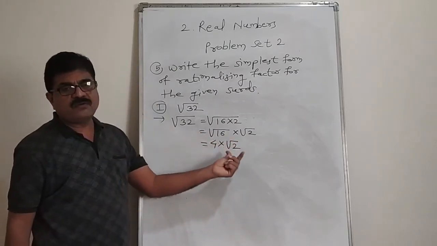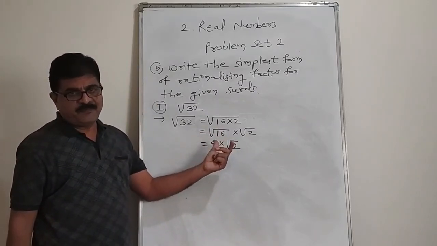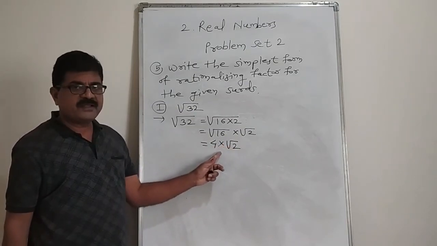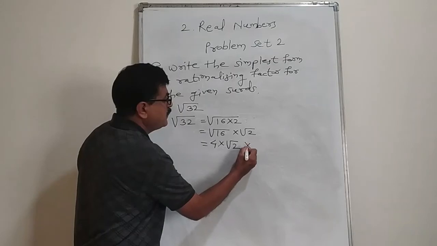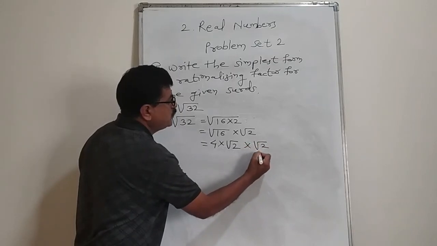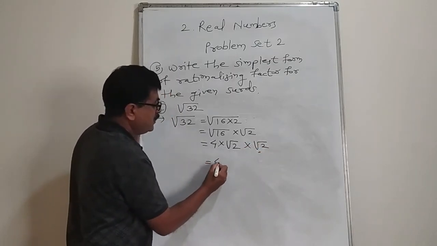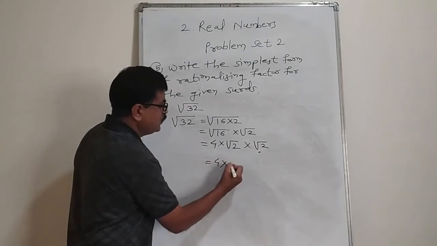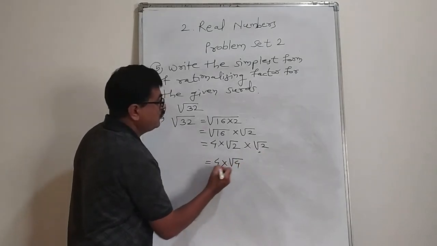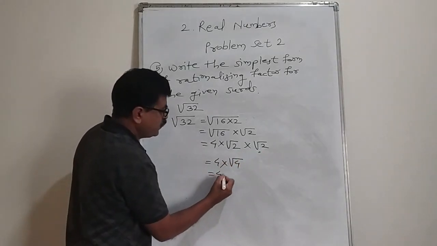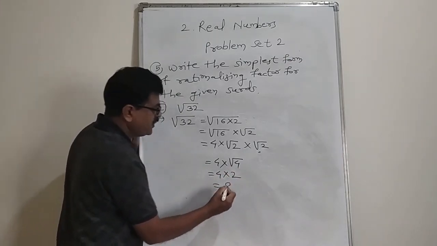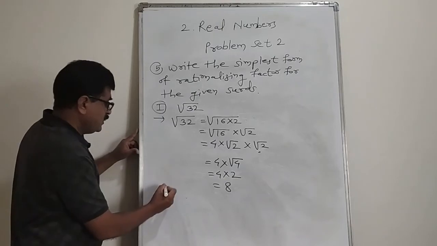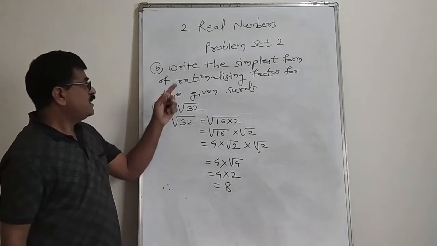Now if we have to rationalize this, it means their multiplication becomes a rational number. Therefore multiply this term by square root 2. We get 4 into square root 2 into square root 2, which is square root 4, is equal to 4 into square root 4, which is 2, is equal to 8. Therefore, what is the answer?